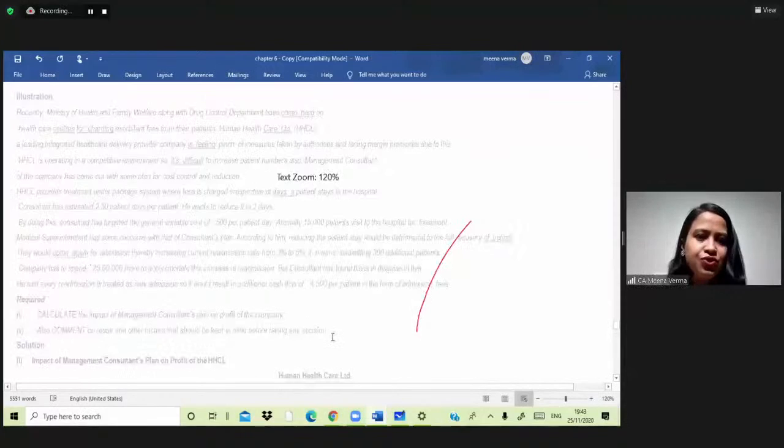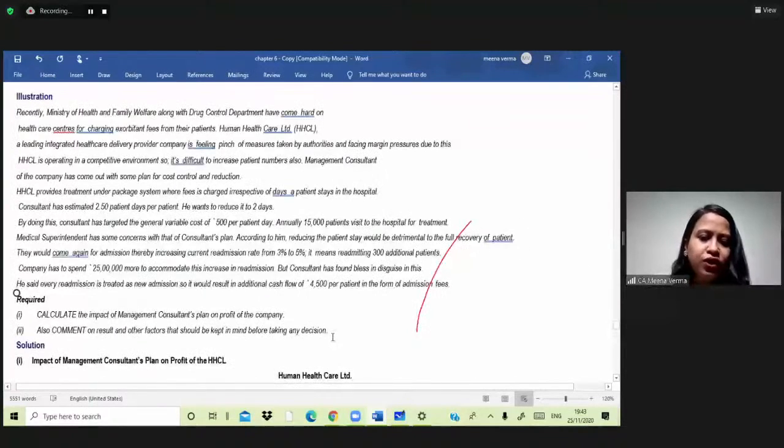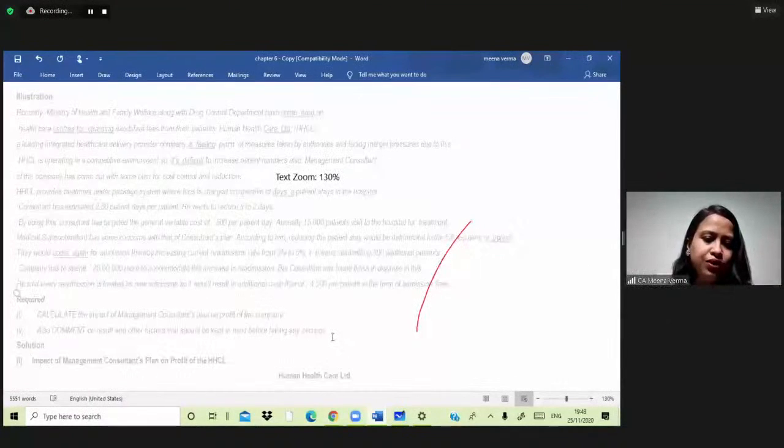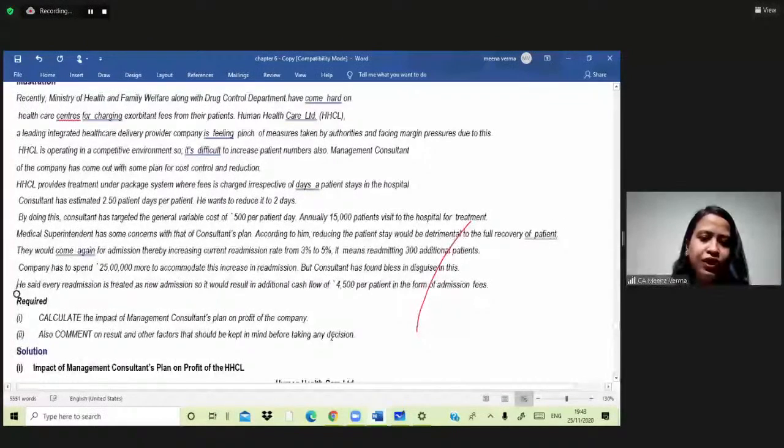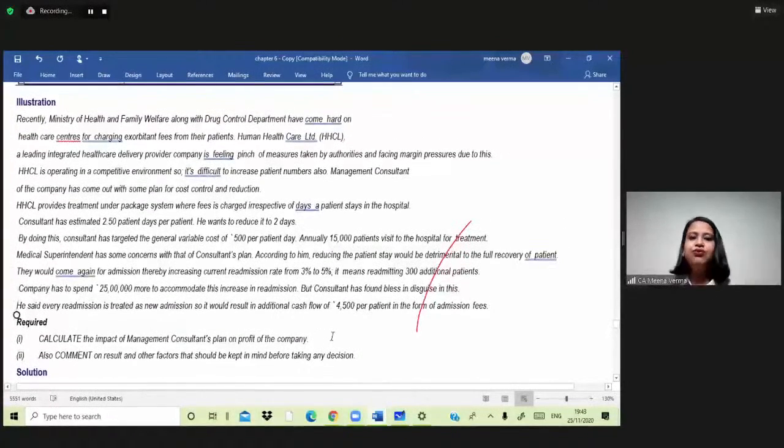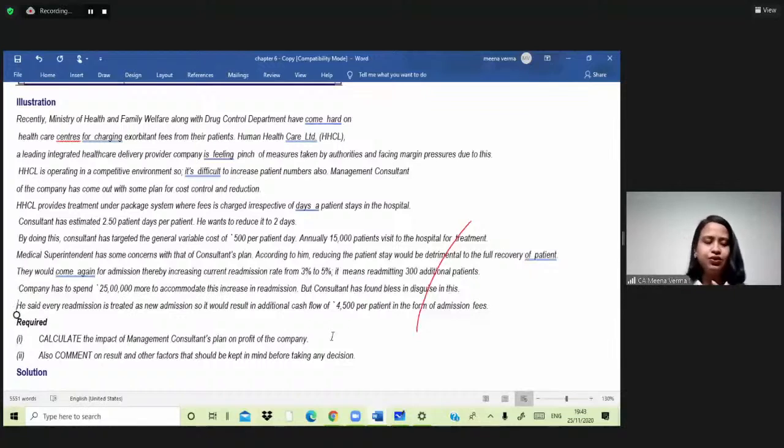This is the question which we have, and remember, while doing the question, we will take the decision considering the financial and non-financial factors both. First, we will consider the financial factors, then the non-financial factors, and then we will take the decision accordingly.